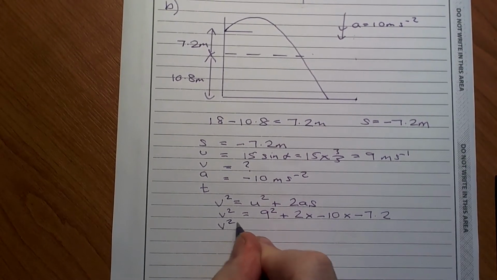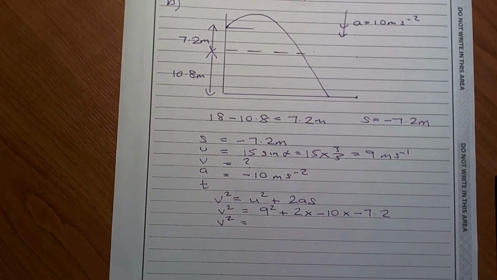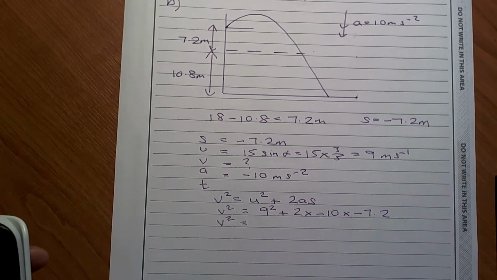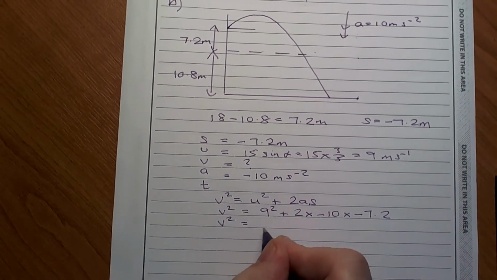So V squared is going to be U squared, which is 9 squared, plus 2 times A, which is minus 10, times S, which is minus 7.2. So if we do that on the calculator, 9 squared plus 2 times minus 10 times minus 7.2, and that gets us 225.